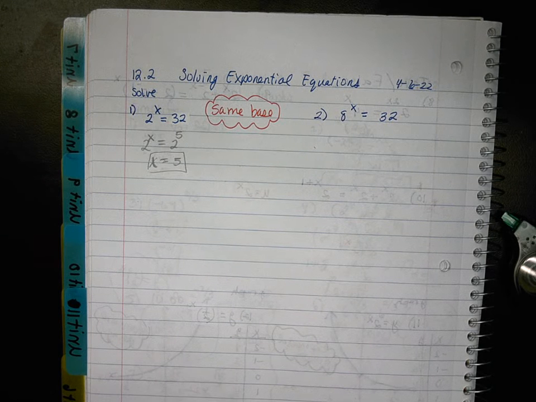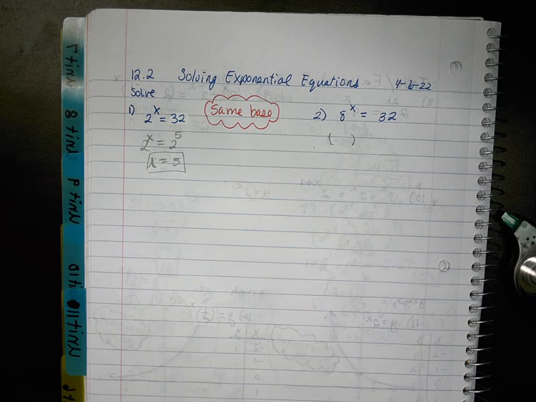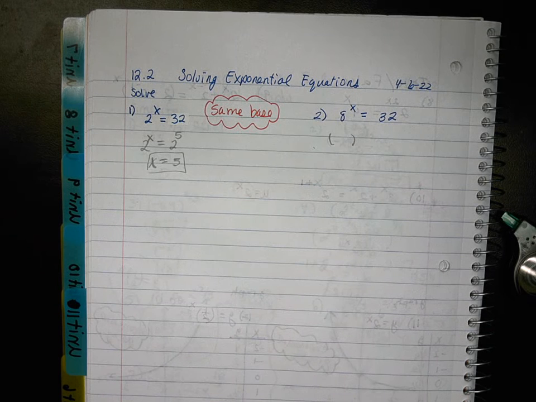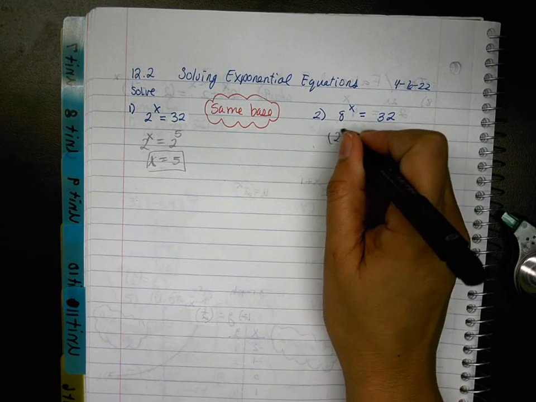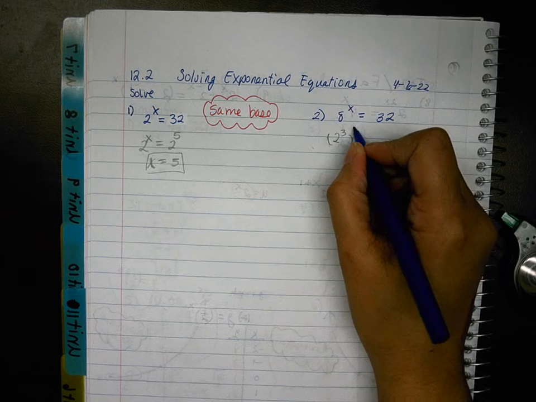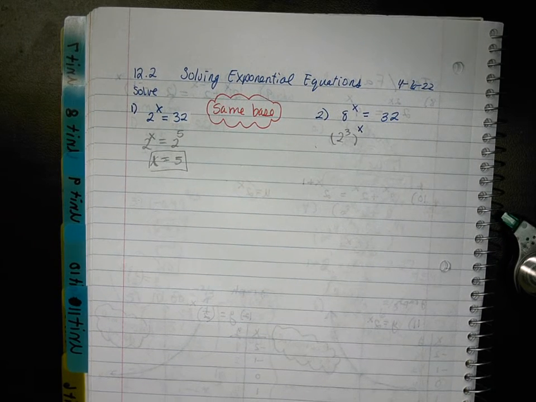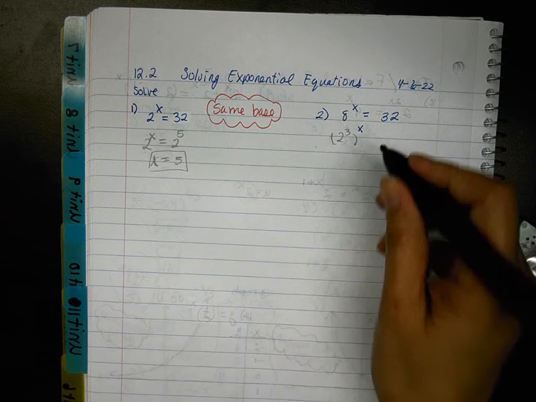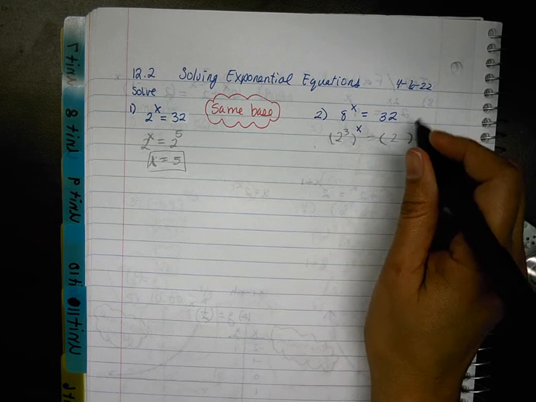Do you guys agree? So what I'm going to do is rewrite 8 with the base of 2. 2 to what power is 8? 2 to what power? 3. And then the exponent stays x. And then I'm going to change 32 to what power? 2 to the 5th.